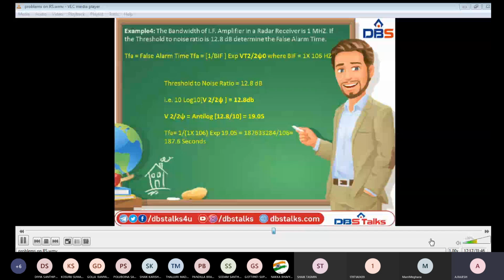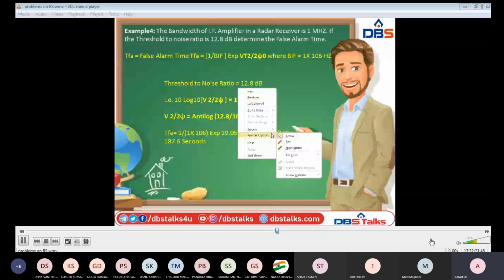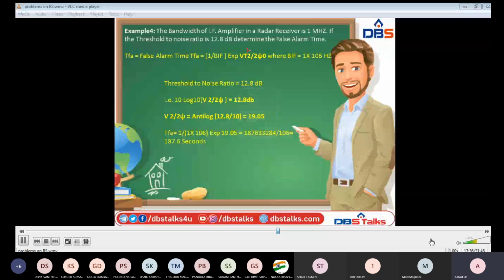Here TFA is nothing but false alarm time, equal to 1 by BIF into exponent of VT square by 2 psi naught, where BIF is equal to 1 into 10 to the power of 6 hertz.